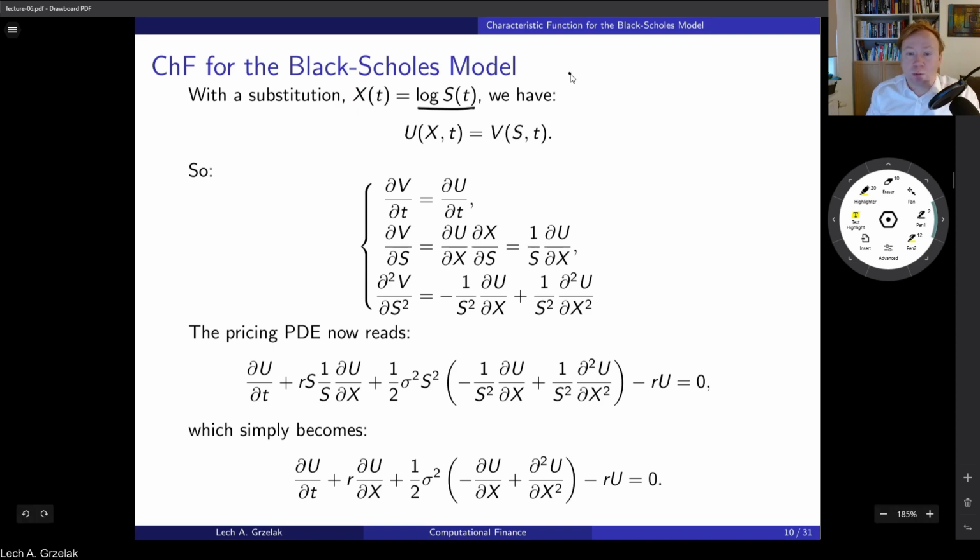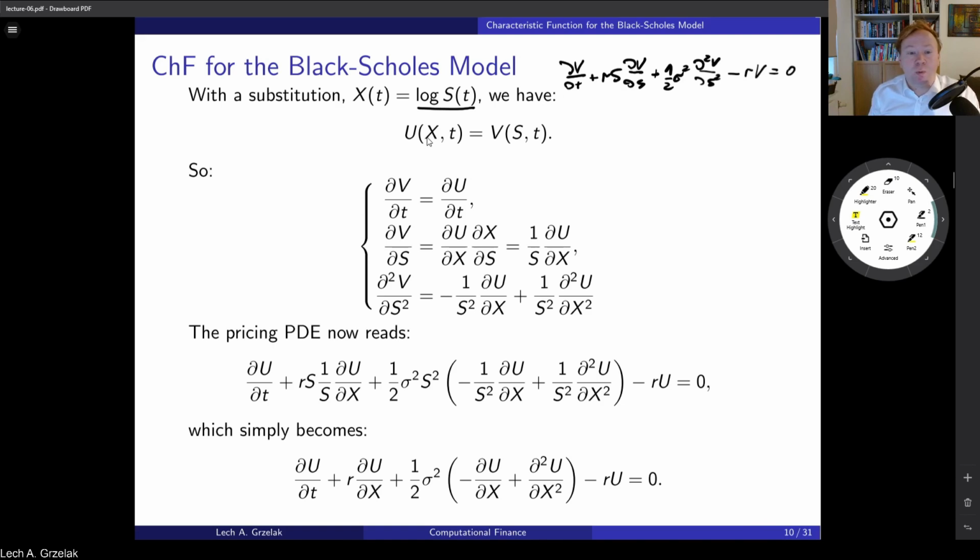We had the partial derivative with respect to time, then the drift term, rS times the derivative with respect to stock, plus one half sigma squared times the second-order derivative with respect to stock squared, and then a term corresponding to the risk-free growth of the portfolio, so minus rV.